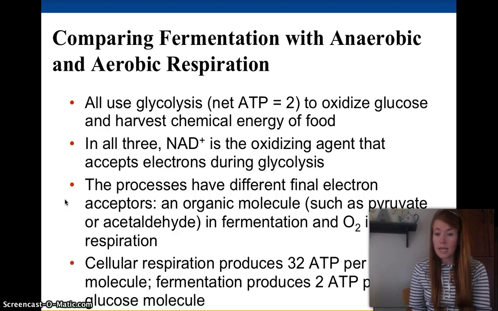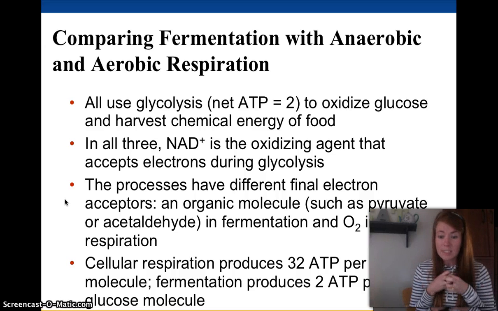In all three, NAD+ is the oxidizing agent that accepts the electrons during glycolysis. But all three of the processes have different final electron acceptors. In fermentation, it's an organic molecule, such as pyruvate or acetaldehyde. Pyruvate in lactic acid fermentation, acetaldehyde in alcoholic fermentation.